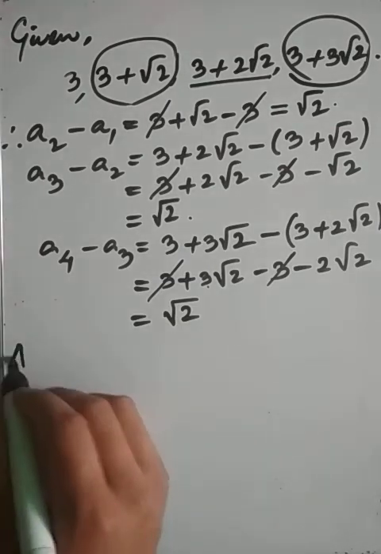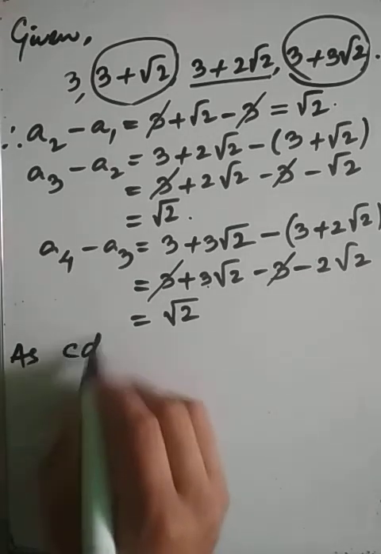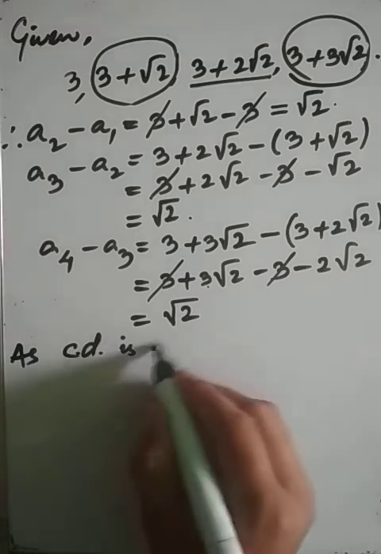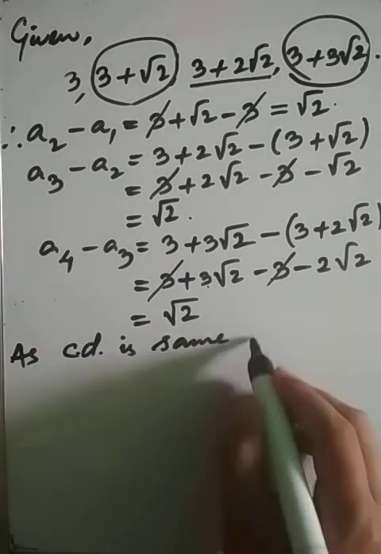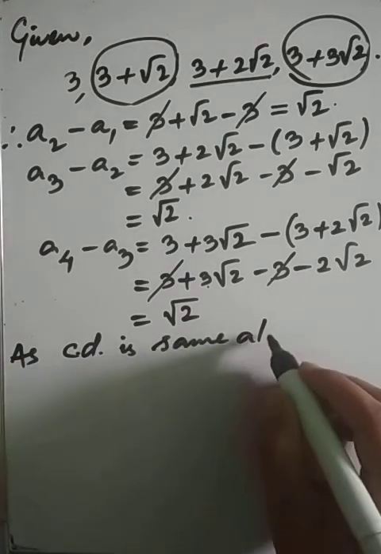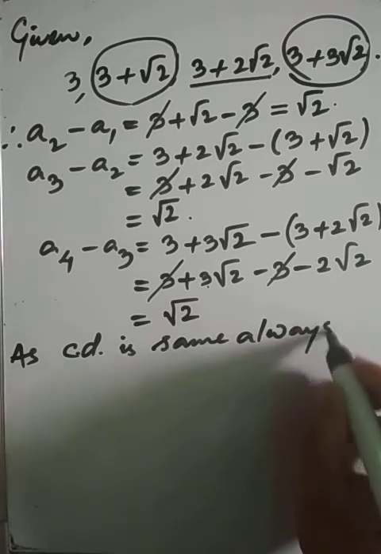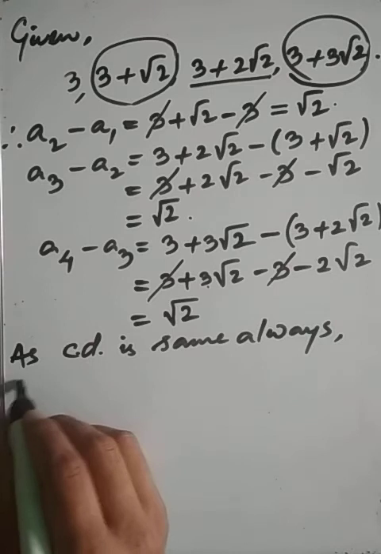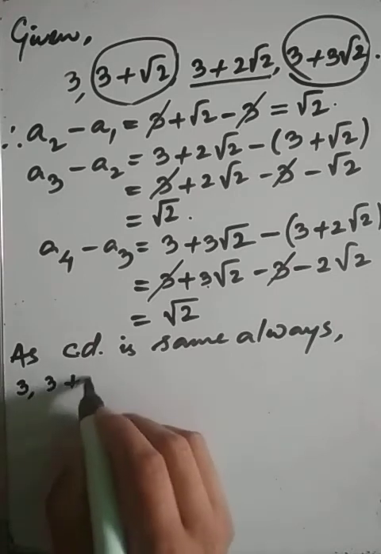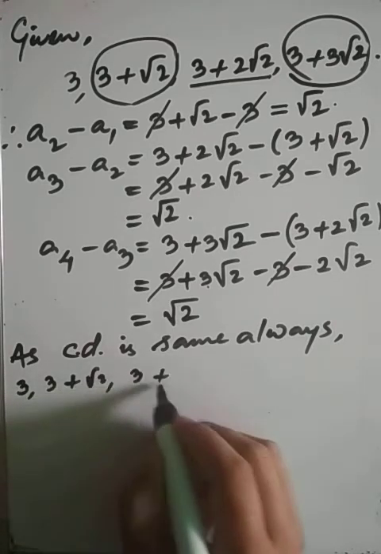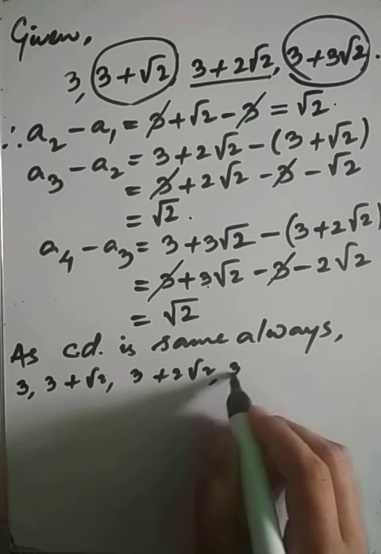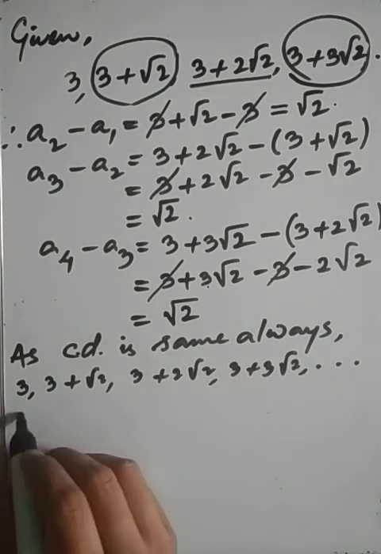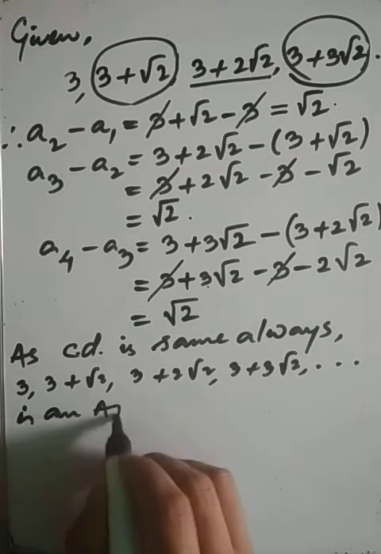So, let me just shorten it this way, the common difference is the same always, or you can write every time. This 3 plus root 2, 3 plus 2 root over 2, 3 plus 3 root over 2 is an AP.